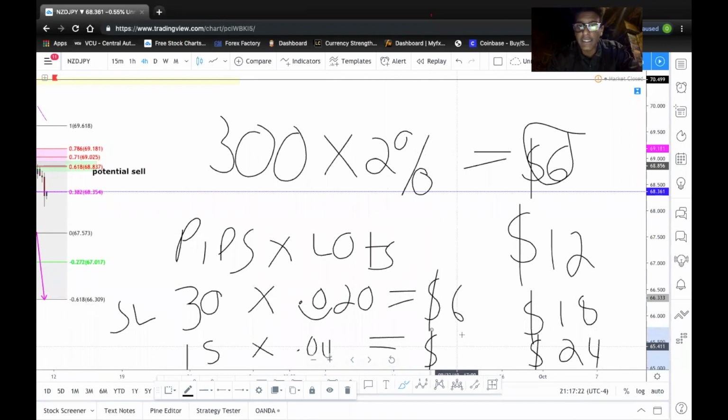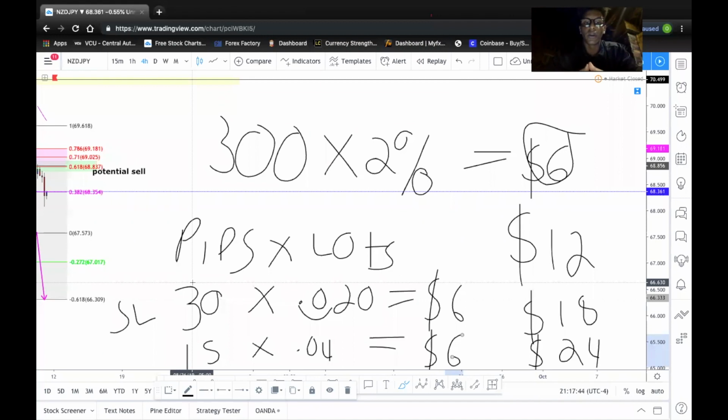You can see with two different positions, two different lot sizes, we are still risking $6 simply because we decreased our stop loss. We decreased our pips. So there's two ways about doing this. You can either go big on your lot size, but you have to decrease your stop loss.